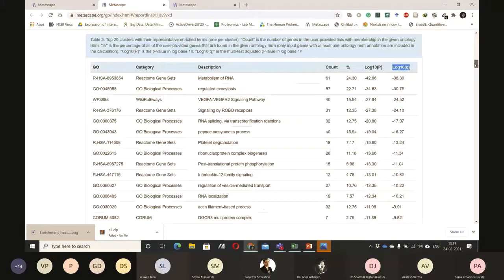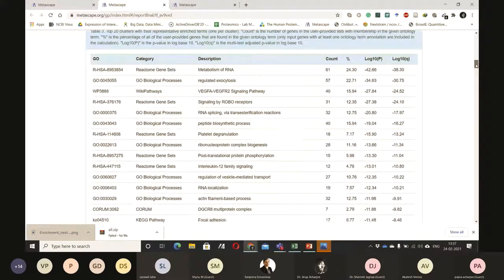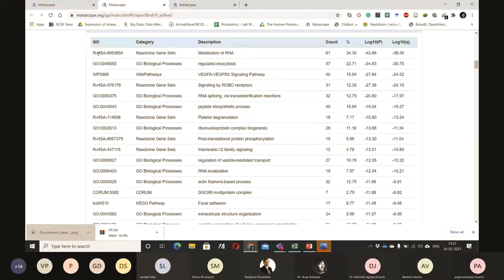If you want to see the p-values, this is another output. That was a pictorial output; this is in a table format. It shows the gene ontology pathway, then which category it falls under, so it's a Reactome gene set. Then what it describes: metabolism of RNA.